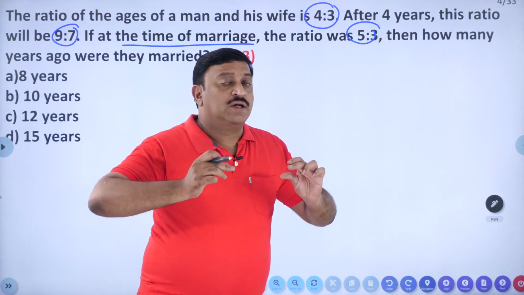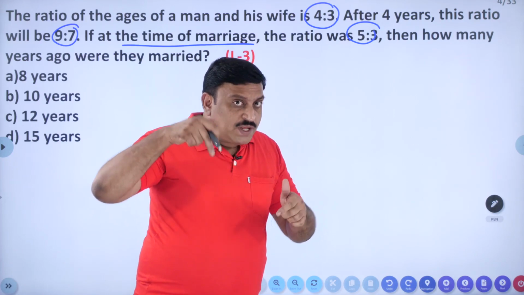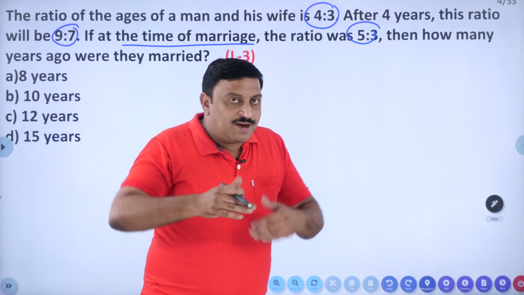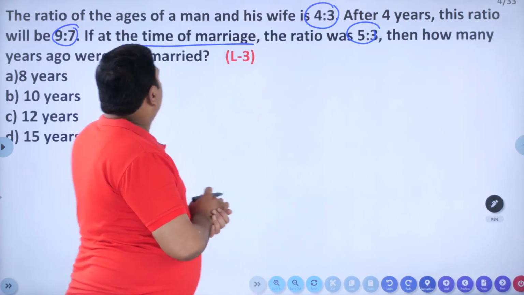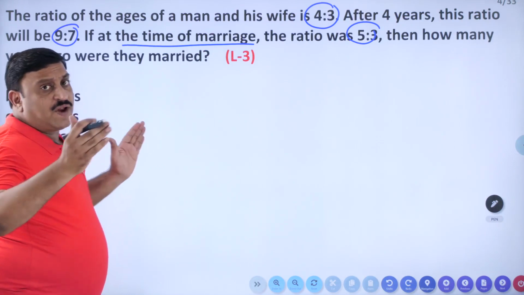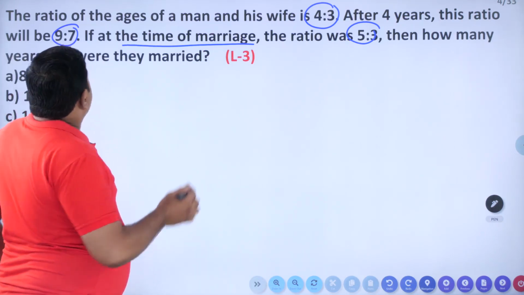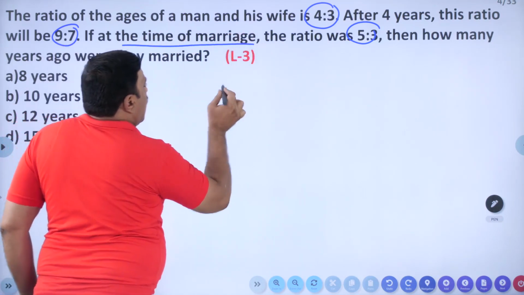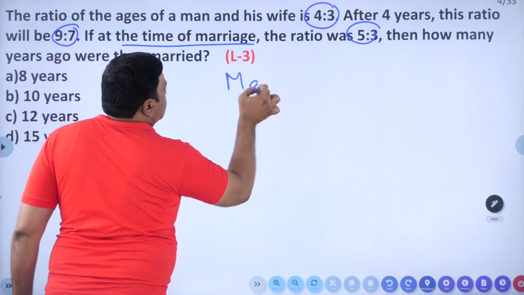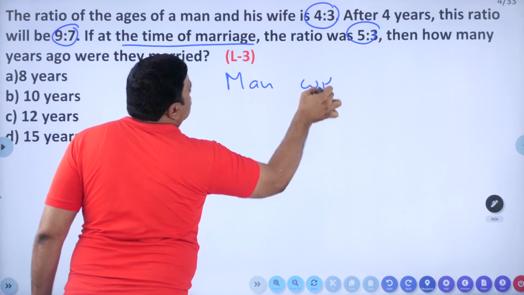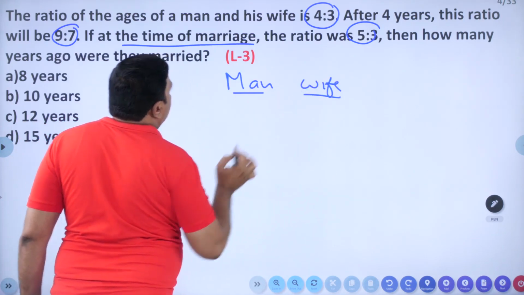Now the ratio is given, and after how many years it happened. Right? This is another model. Okay. So whatever I am discussing, all are different models now. Okay, let us see. The ratio of the ages of a man and his wife. Okay, that is man and wife. The present. So be cautious of that.